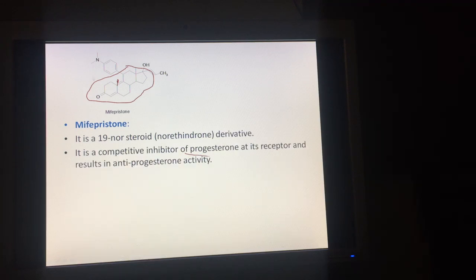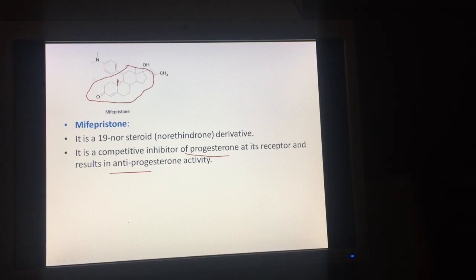So it is a 19-nor steroid, a norethindrone derivative, and it is a competitive inhibitor of progesterone at its receptor and results in anti-progesterone activity.